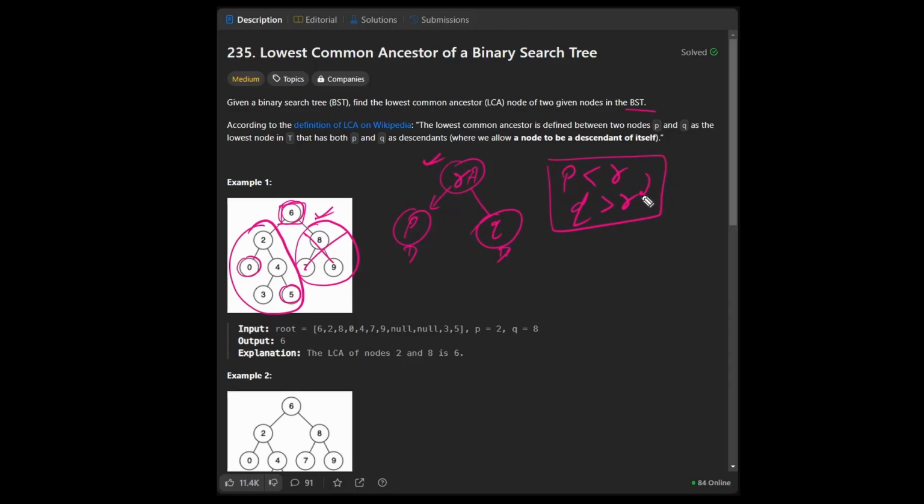This can be in the reverse direction too, like P can be greater than R and Q can be less than R. If at any point we find something like this, we can say that the node over here is the lowest common ancestor. To better understand the problem, let's take a look at the code.